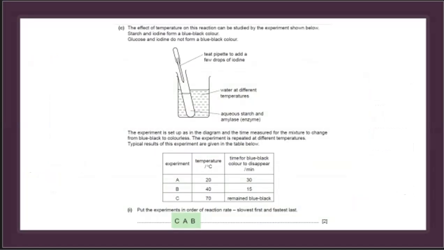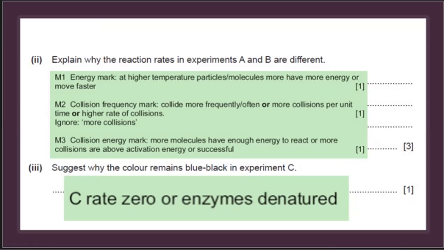All right, so at a higher temperature, particles have more energy. Because they have more energy, they are able to move faster. The collision frequency is greater at a higher temperature.